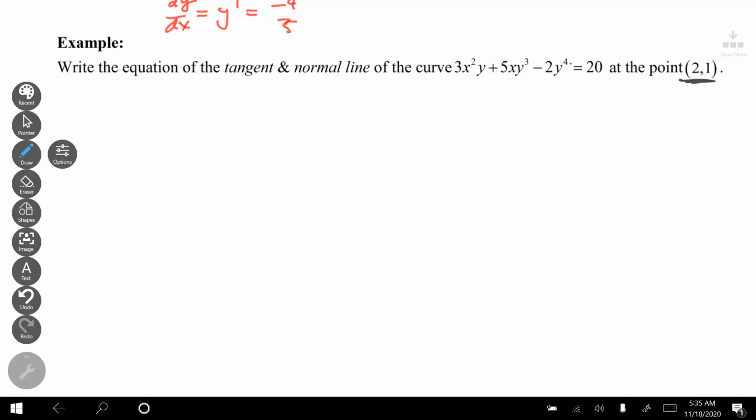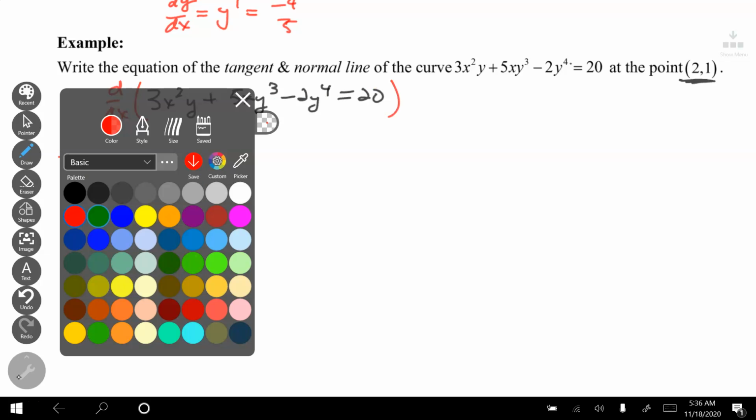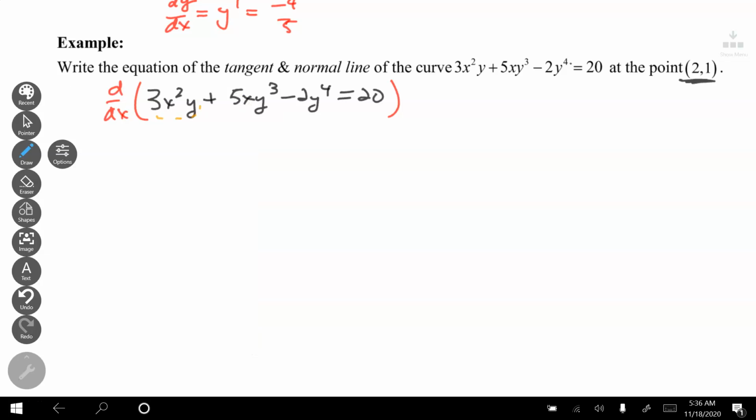Finally, I have this guy. I have 3x squared y plus 5xy cubed minus 2y to the fourth is equal to 20. And I'm going to take its derivative, the d dx of all this. I notice I have 2 product rules. So I'm going to put these off to the side.